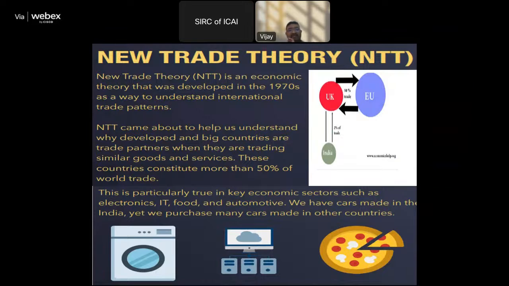So the new trade theory says that even though we are in production of certain goods, we are technologically sound enough to produce certain goods, we will import those goods from another nation.